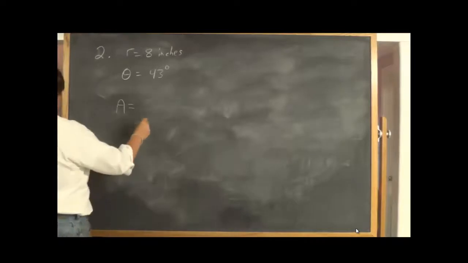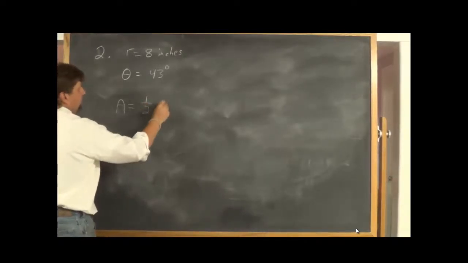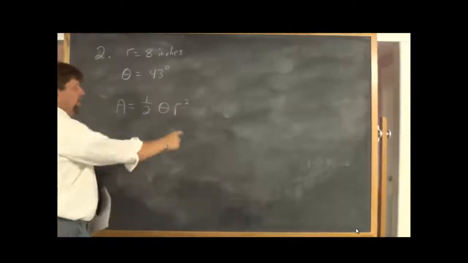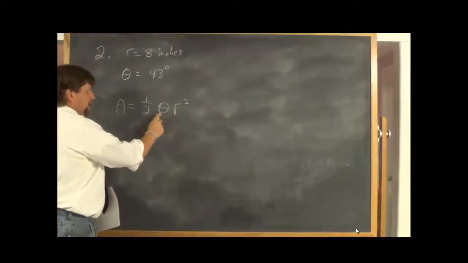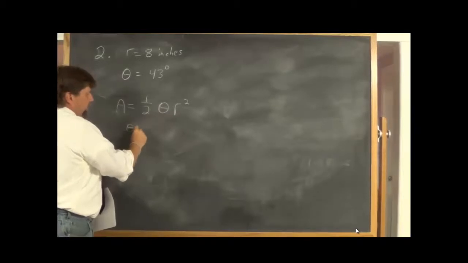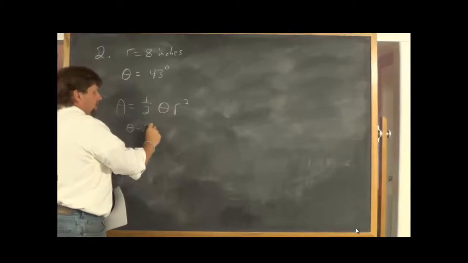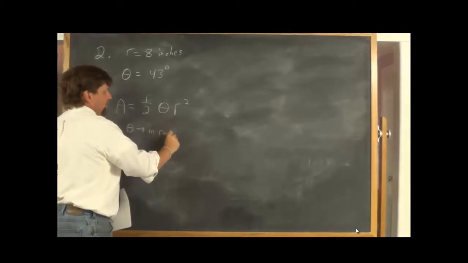So recall that the area is equal to 1/2 theta r squared, where r is the radius of the circle. And it's really important to remember that theta is our angle, but it's in radians.